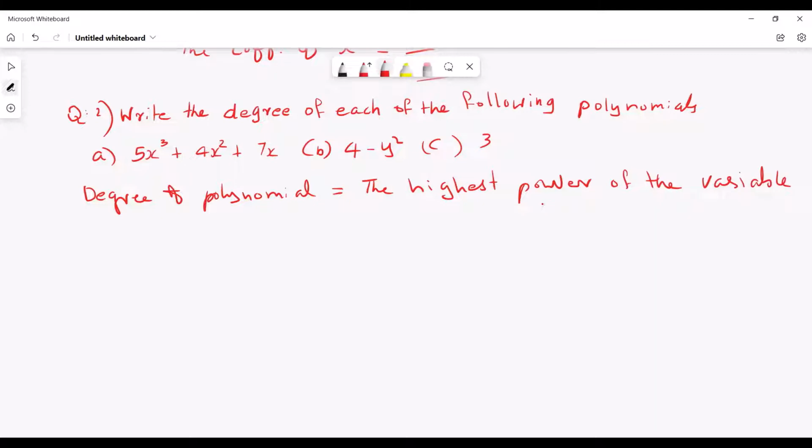So consider question number A, 5x cube plus 4x square plus 7x.